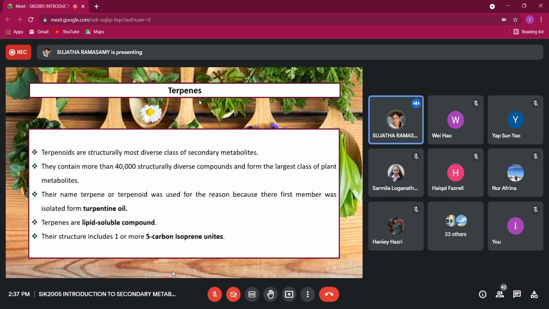Turpentine oil is actually derived from the resin of the pine tree. The pine tree produces this resin because when we cut the trunk or tap it, it will secrete this resin. Not just for fun, it produces the resin because it contains a chemical that can prevent antimicrobial attack.